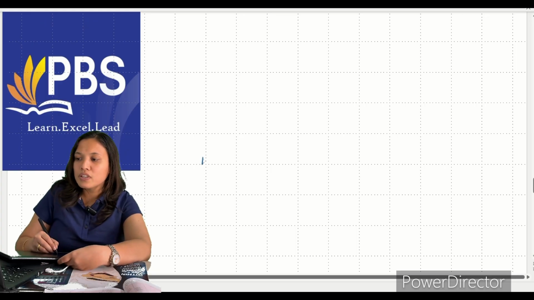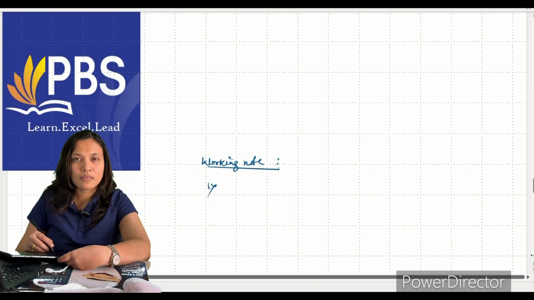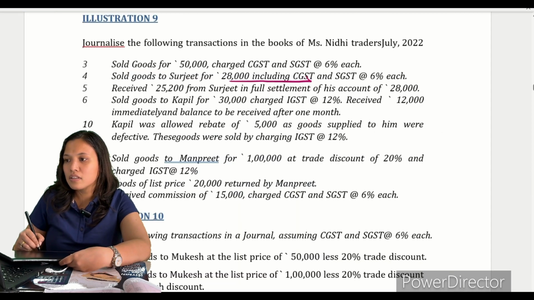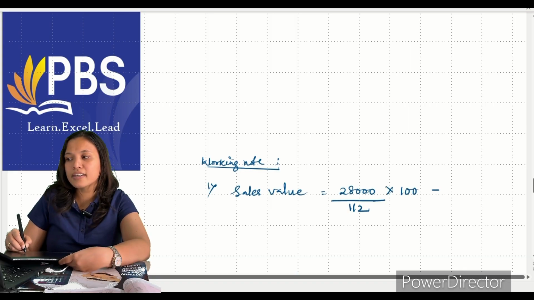Working note number 1. Sales value is equal to 28,000 divided by, 6% each, that is 6 plus 6, that is 12, so 100 plus 12, into 100.